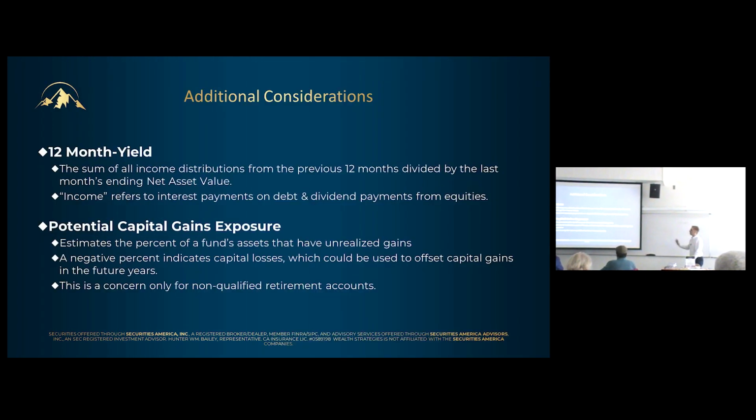So, additional couple things that we could look at. These last two things here. First is 12-month yield, which is the sum of all the income distributions from the previous 12 months divided by the last month's ending net asset value, which is just saying what percentage of the portfolio was distributed out to me in income. So income refers to interest payments on debts, so that could be loans, and dividend payments from equity.